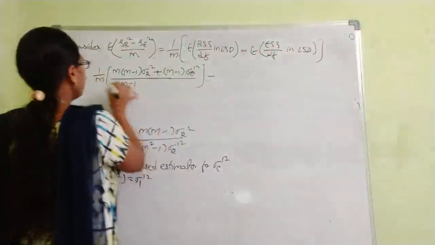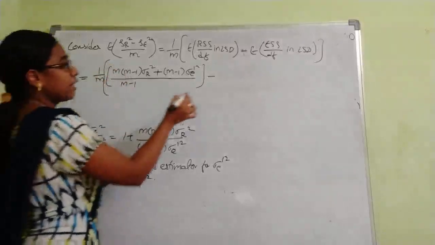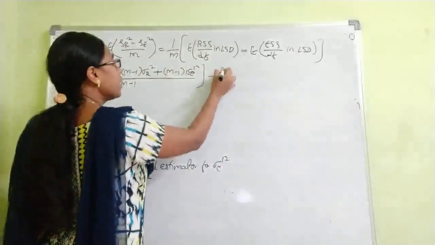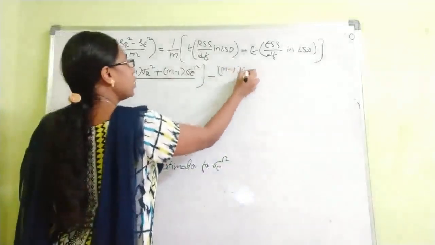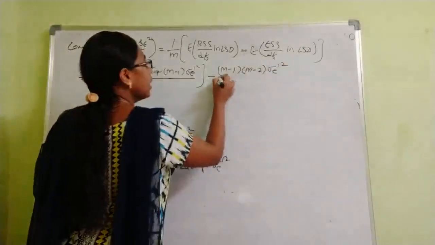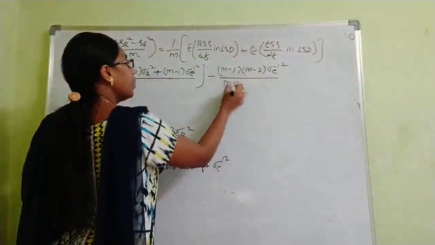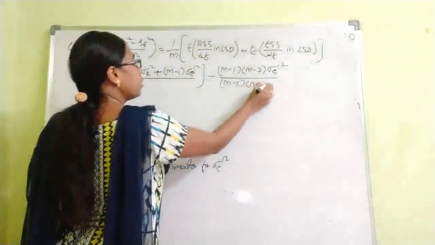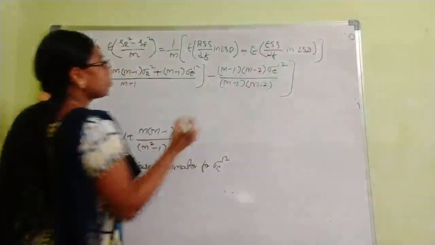Minus the expectation of error sum of squares, which is m minus 1 into m minus 2 into sigma e dash square, divided by degrees of freedom m minus 1 into m minus 2.